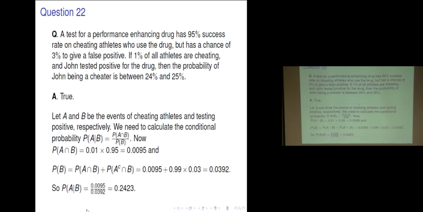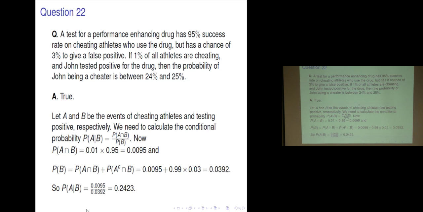So we use the property of sets. You know B is equal to A intersect B union A complement intersect B. Therefore, the probability of B is the probability of A intersect B plus the probability of A complement intersect B. We have calculated P of A intersect B, which is 0.0095. We have to calculate the probability of A complement intersect B. A complement are the innocent people, right?